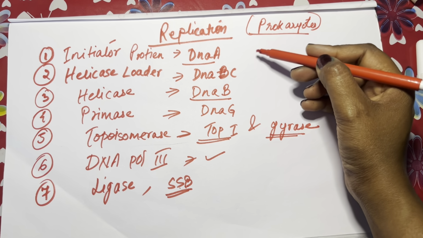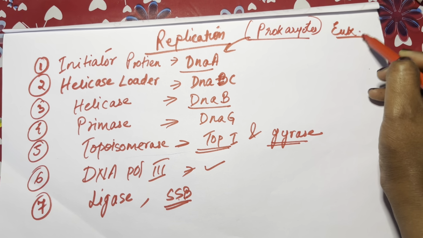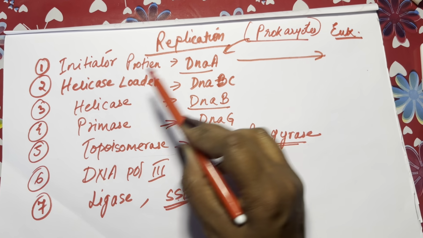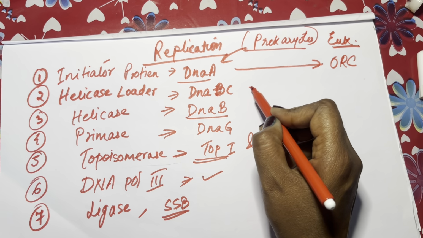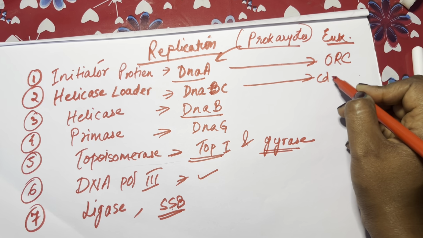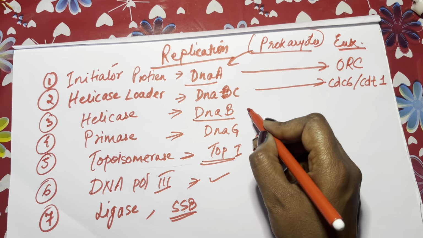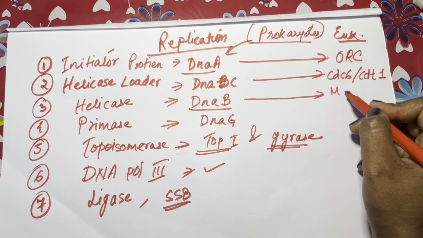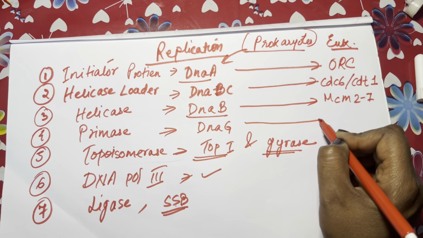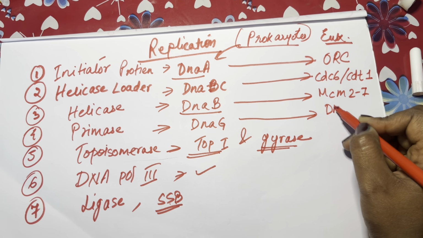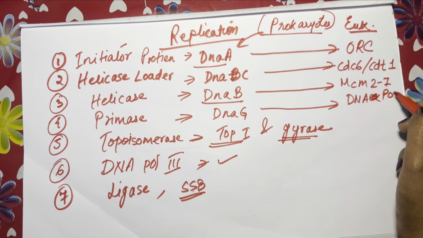And in eukaryotes, all the names are different. These are for prokaryotes. For eukaryotes, the names are different. The initiator protein in eukaryotes is called ORC. Helicase loader in eukaryotes is called CDC6 and CDT1. Helicase in eukaryotes is called MCM2-7. Primase in eukaryotes is called DNA polymerase alpha.